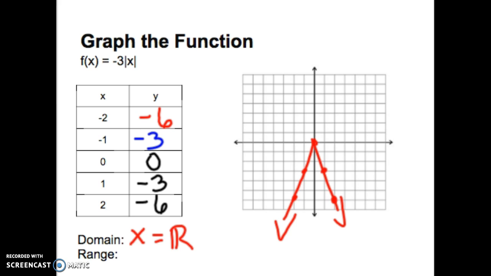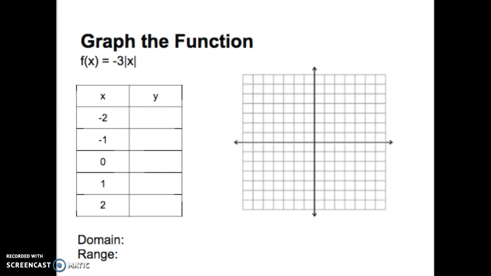For the range, however, just like we did with quadratics, we have a minimum or a maximum. In this case, we have a maximum value, which means y has to be less than or equal to whatever the maximum value is. In this case, it does not go any higher than 0. And this right here is a pretty classic example of an absolute value problem.